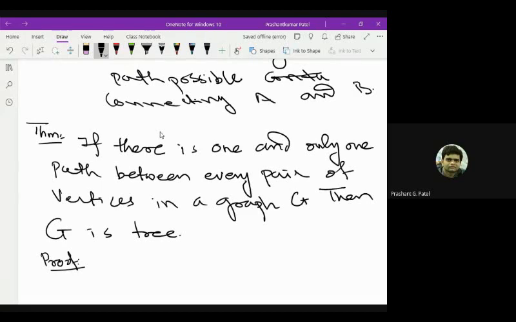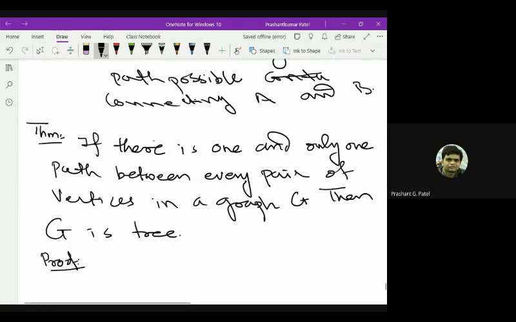What is the definition of a connected graph? It says that every pair of vertices is connected, that means every pair has a path between them. Here it is saying one more thing, that one and only one path is there. So this argument tells you that G is connected.